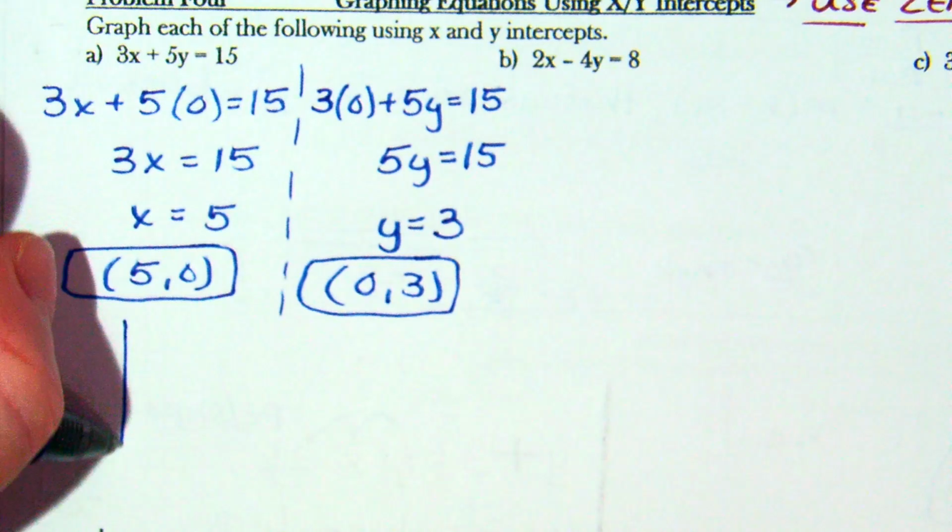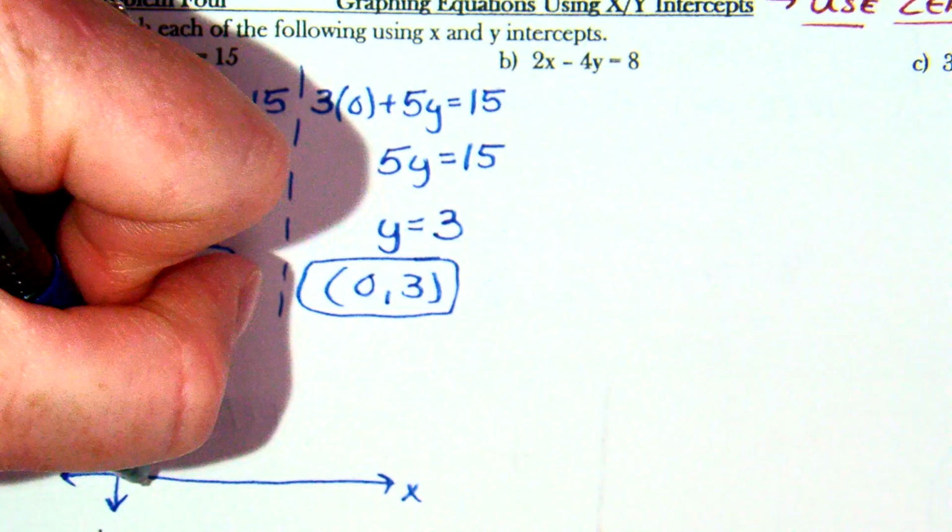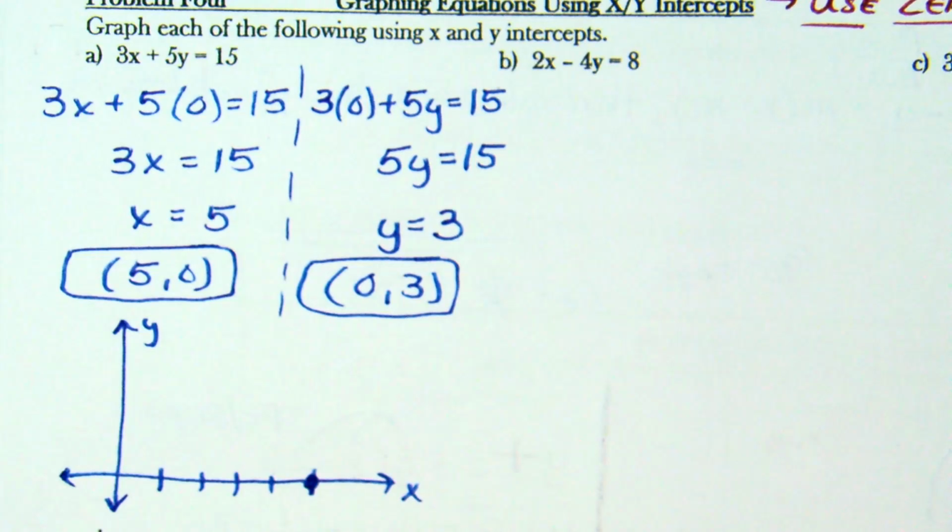Where is a y-intercept of 3? 3 on the y-axis, so that means we're going to go up 3. Can 2 dots form a line? Certainly can. Those 2 dots form my line.